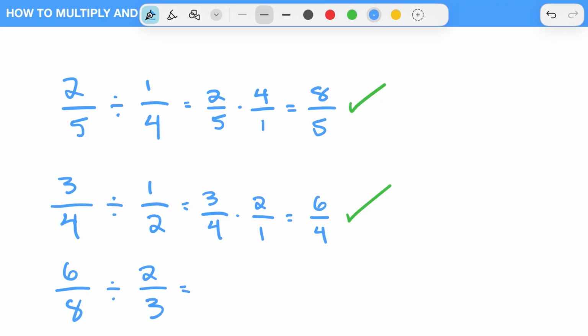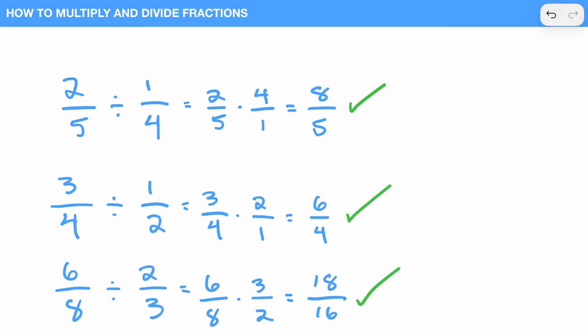And lastly, 6 over 8 divided by 2 over 3 is going to become 6 over 8 times 3 over 2, and we get 18 over 16. And that is how you multiply and divide fractions.